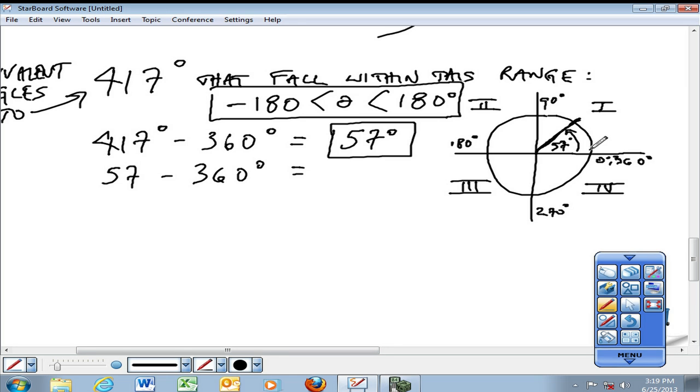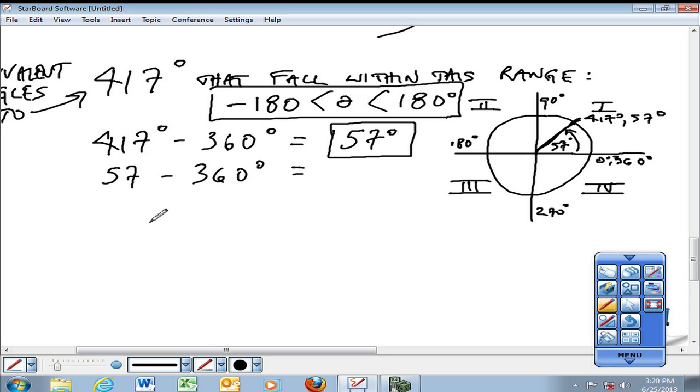So if you go all the way past 90, you've passed 417. 417 degrees is 57 degrees. It's the same point on your little circle. Either you go 57, or there's your 360 plus your 57, which brings you to 417. They're equivalent.